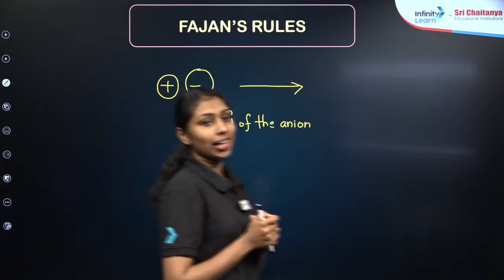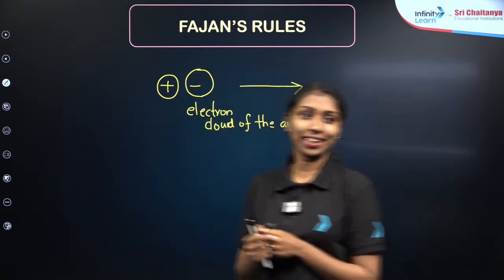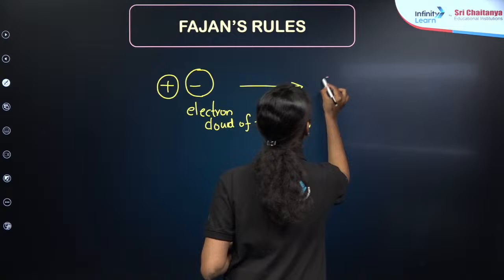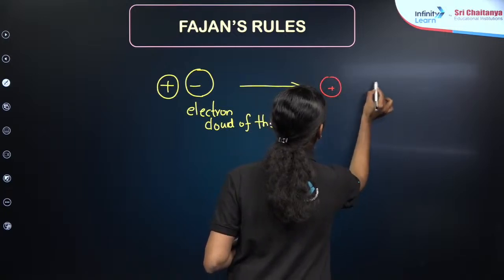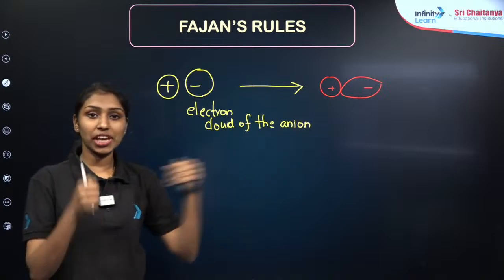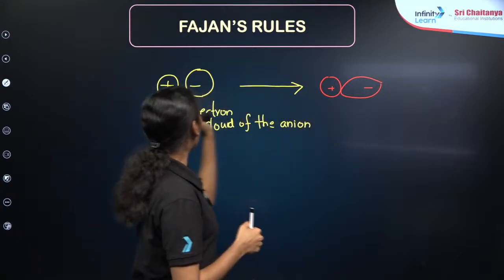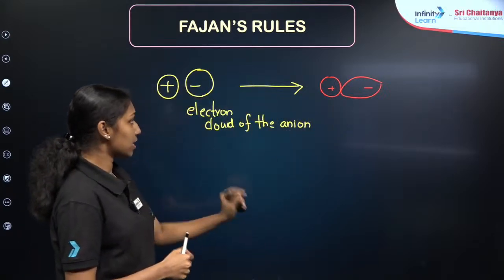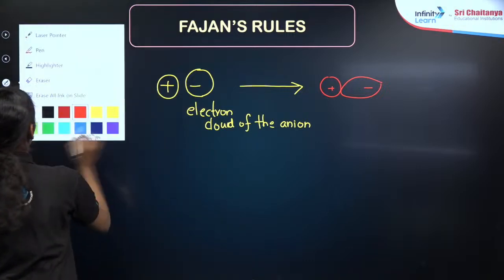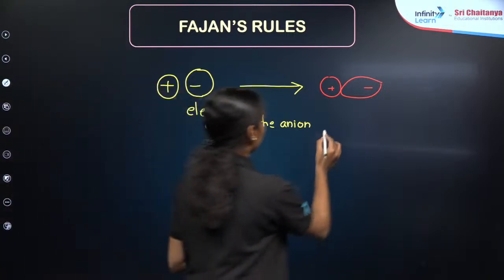There will be a distortion. So we can say that this change in the structure or the shape of the negative charge, that process is known as polarization, right? That process is known as polarization.